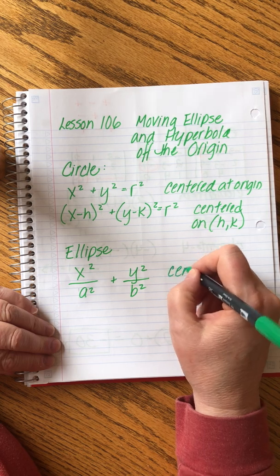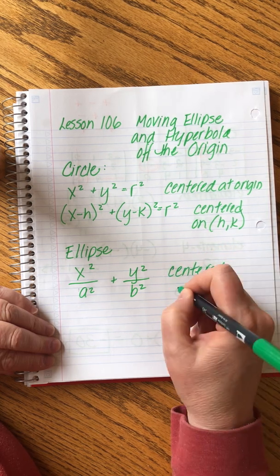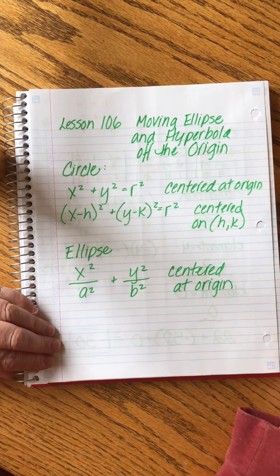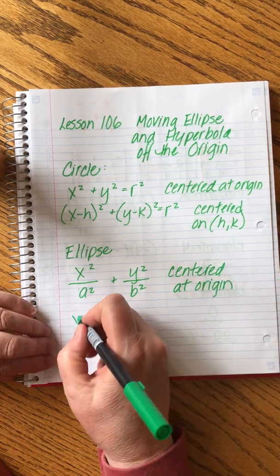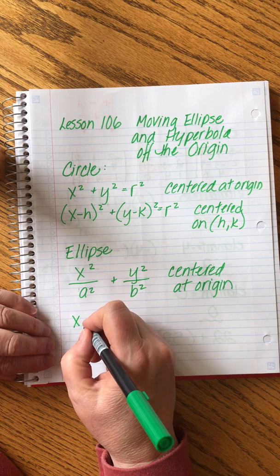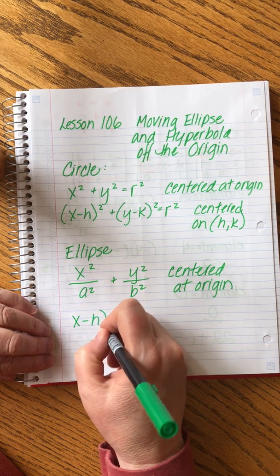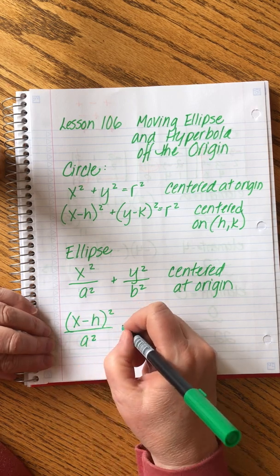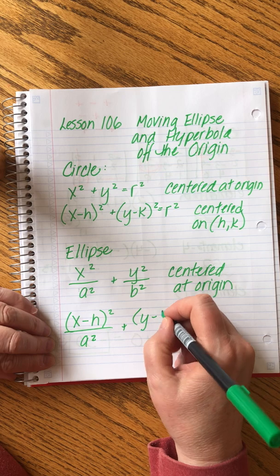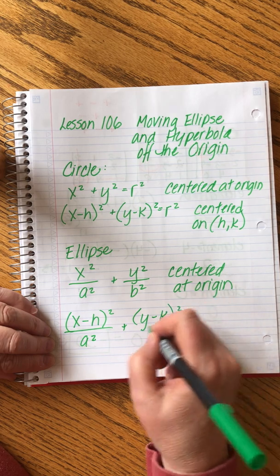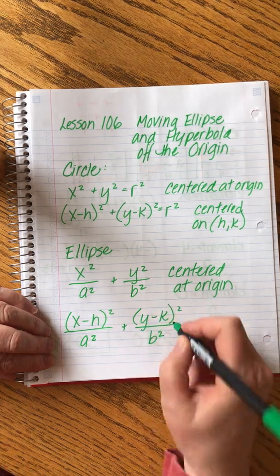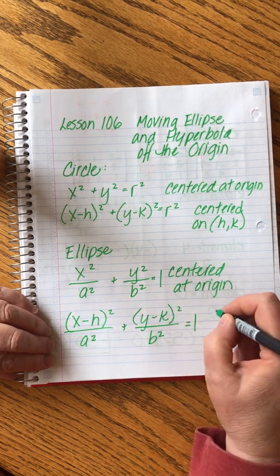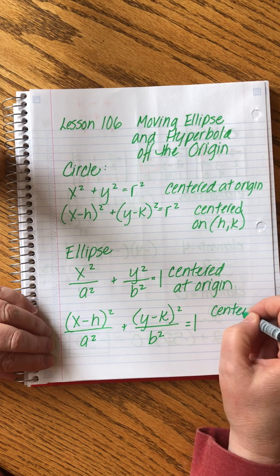This is centered at the origin. And if we want to move it off the origin, we do the very same thing. Oh, I forgot to write =1. Sorry. This is centered on HK.